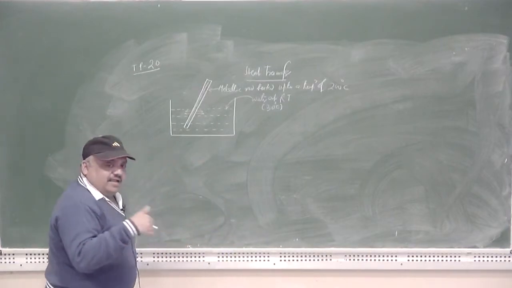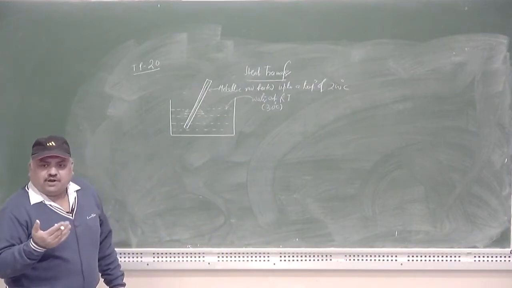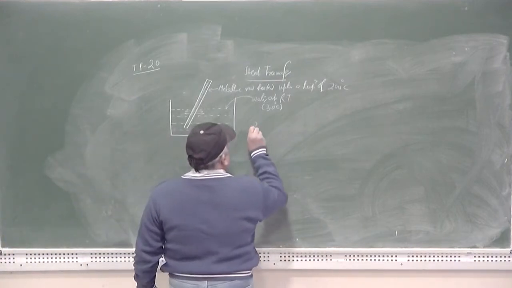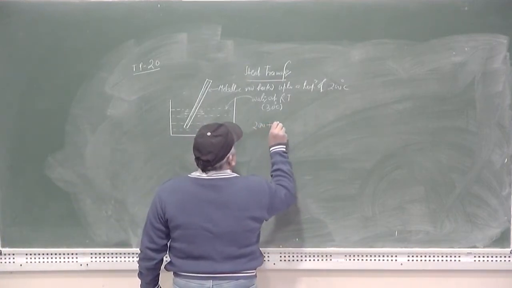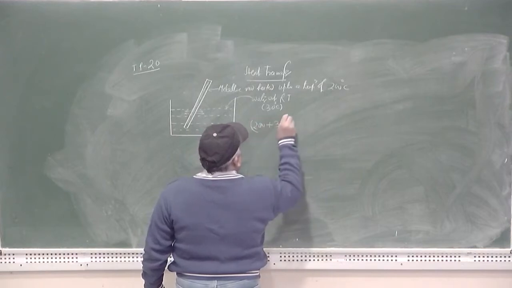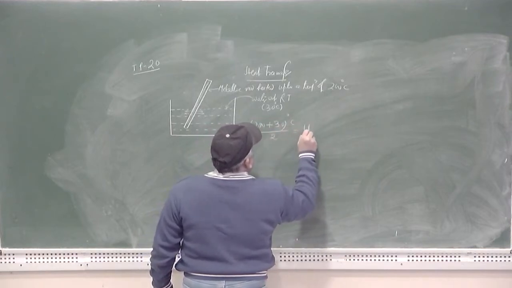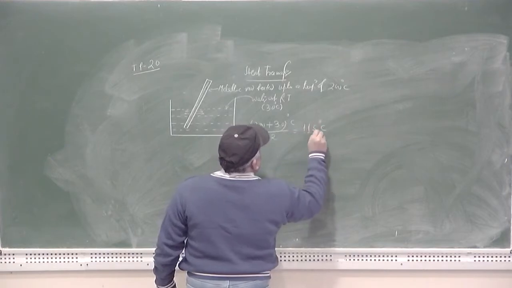So, in answer to the question about the equilibrium temperature, this equilibrium temperature should be 200 plus 30 degree centigrade divided by 2, that is equal to 115 degree centigrade.